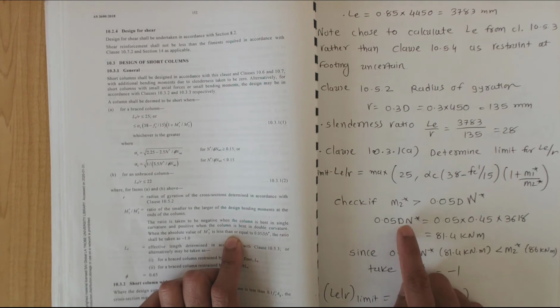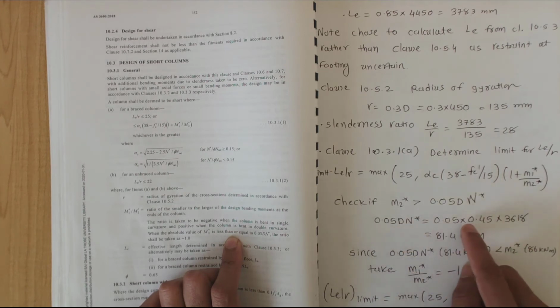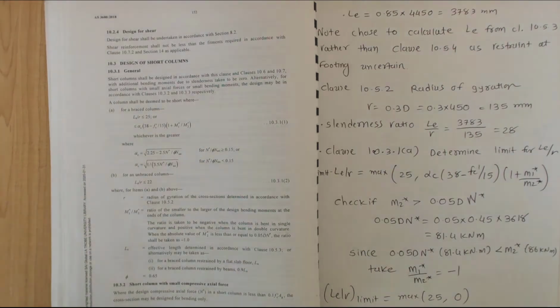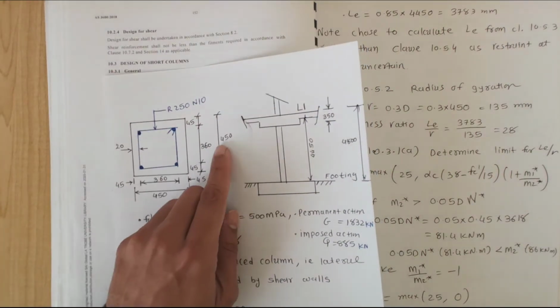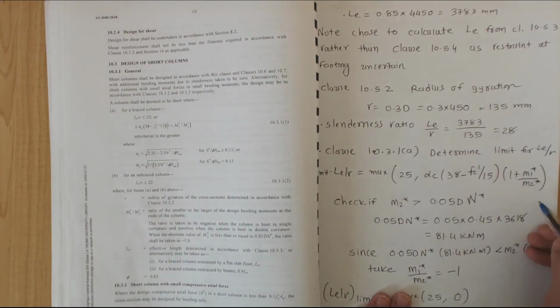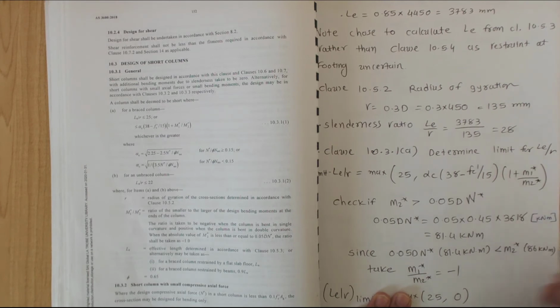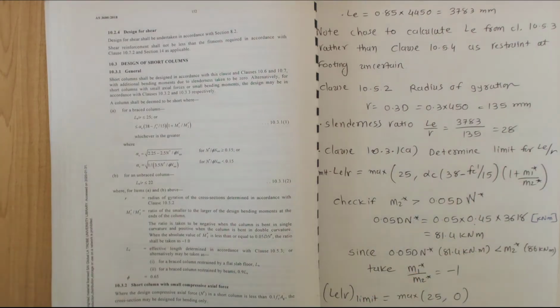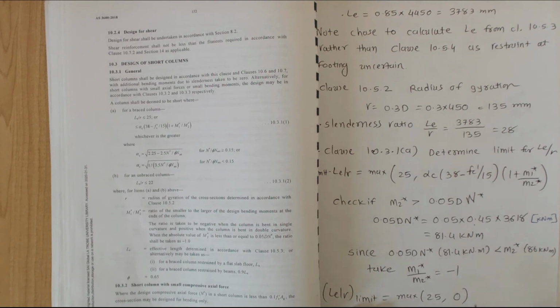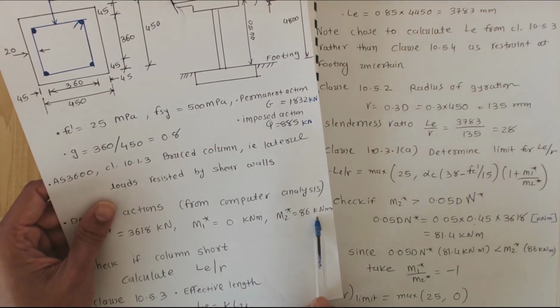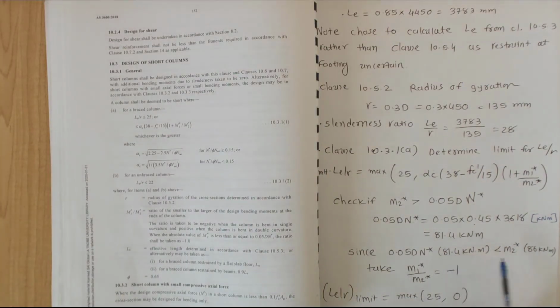So 0.05 times D, where the depth of the cross section is 450 divided by 1000 to convert into meters, since we are working in kilonewton meters, times 3618, the N star design force in kilonewtons, gives me 81.4 kilonewton meters. If you check M2 star, it is given in our example as 86 kilonewton meters. So 81.4 is less than 86.